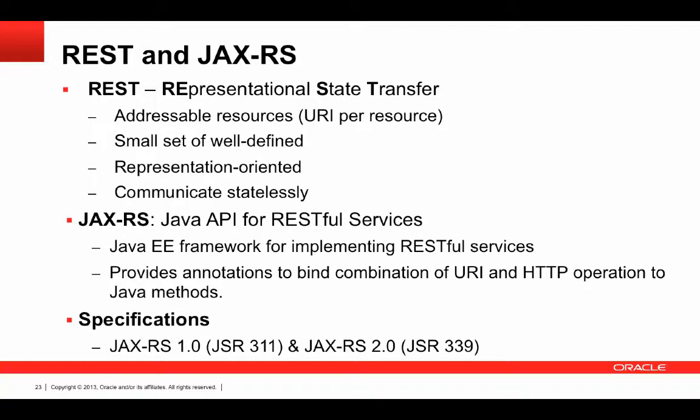So you have to look at your application a little differently and look for the resources that you want to expose to the HTML5 developer, come up with a small set of well-defined operations to retrieve and mutate those resources, and communicate statelessly, which gives the back end some nice options for scaling because we don't have to be tightly bound to an individual context on the client. The client, or the browser in this case, is responsible for maintaining its own state and knowing how to properly communicate with the REST API.